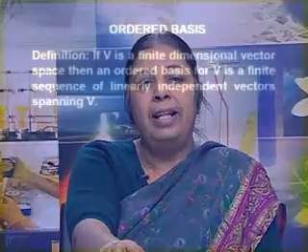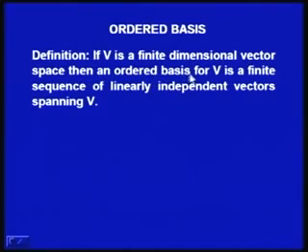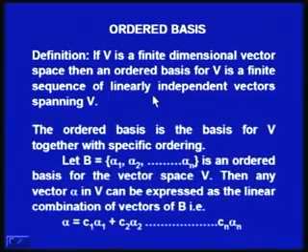So, we define: if V is a finite dimensional vector space, then an ordered basis for V is a finite sequence of linearly independent vectors spanning V. So, the idea is that we have already defined basis for a finite dimensional vector space, but to define an ordered basis we have to add some sequence, some specific ordering is to be incorporated.